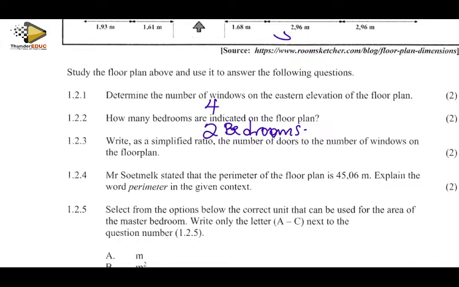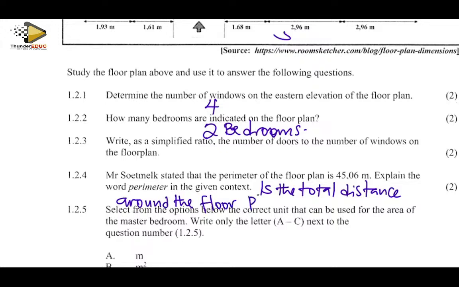We shall say perimeter is the total distance around the floor plan. The total distance around the house, the total distance around the building. All we need is to see the words total distance.